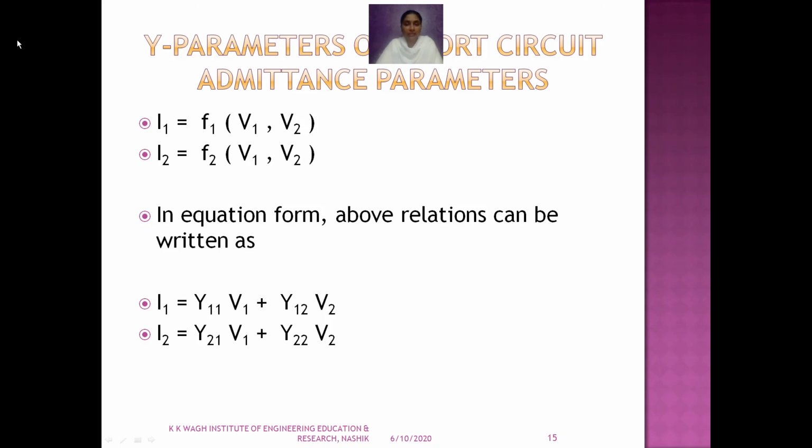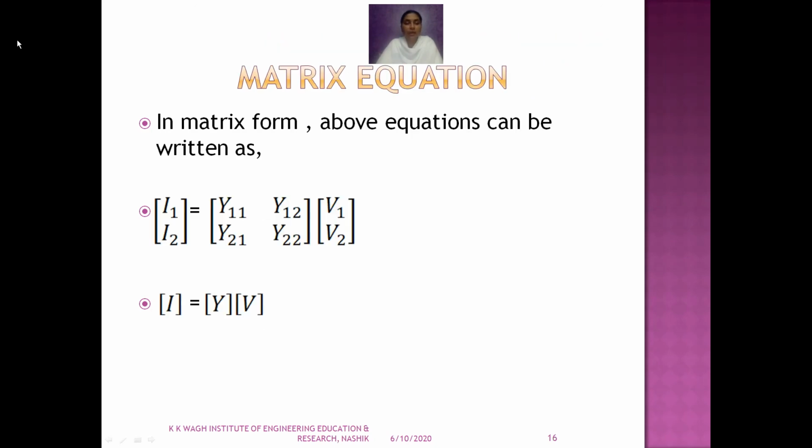We can write the above in equation form as I1 is equal to Y11 V1 plus Y12 V2, I2 is equal to Y21 V1 plus Y22 V2. In matrix form, the above equations can be written as I1 I2 is equal to Y11 Y12 Y21 Y22 into V1 V2, that is I is equal to Y into V.